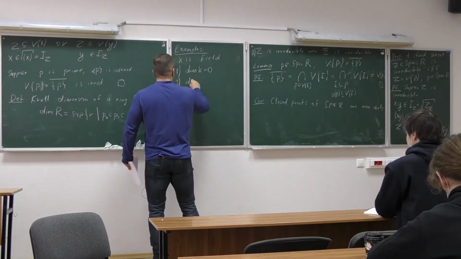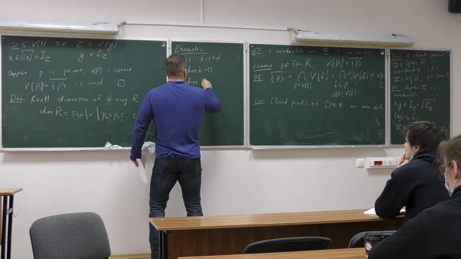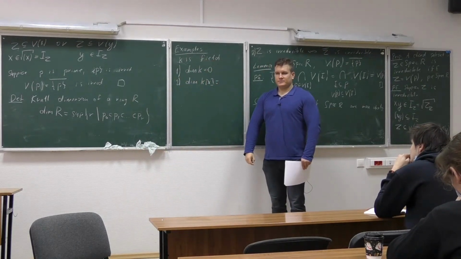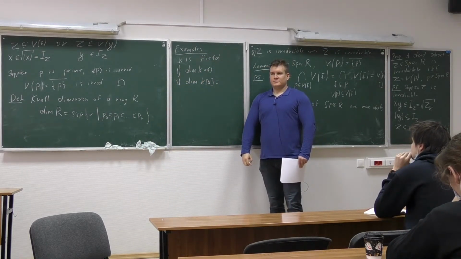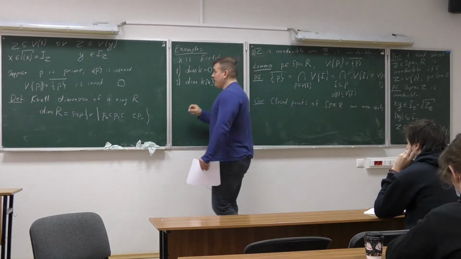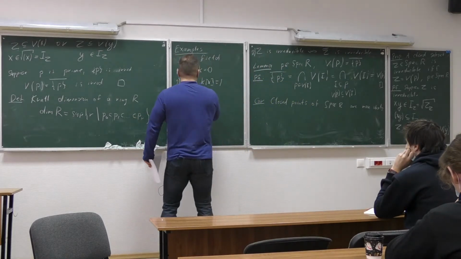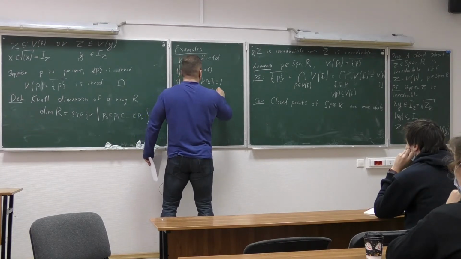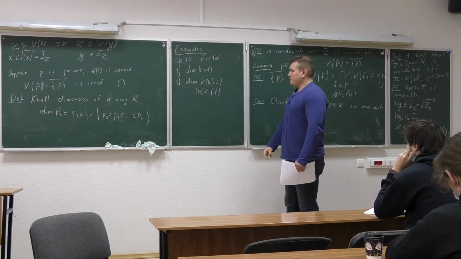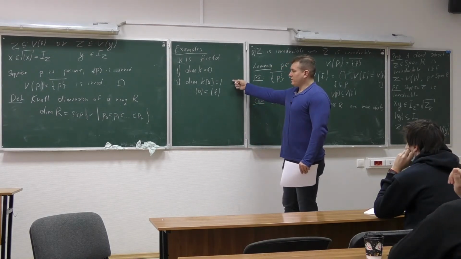Second example, the dimension of the polynomial ring in one variable. Yeah, so this is 1 because the maximal chain that you could have here is the 0 ideal sitting inside some principal ideal. So the length of this chain is 2, so the dimension is 1.